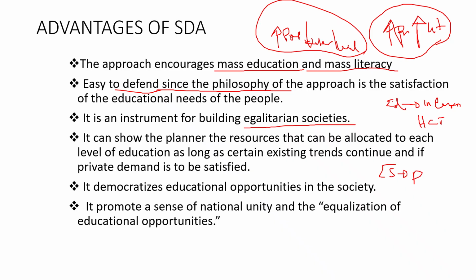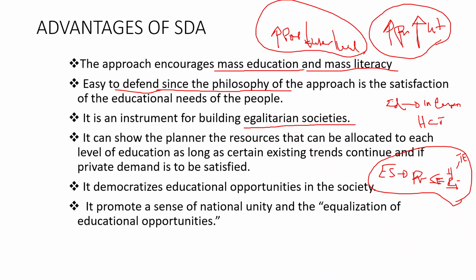We have primary education, secondary education, college education, which we call higher or post-secondary education, then we have tertiary education. All these subsectors communicate the same. It should be holistic. Planners will need to know which sector needs what, and therefore it's easy to allocate resources.